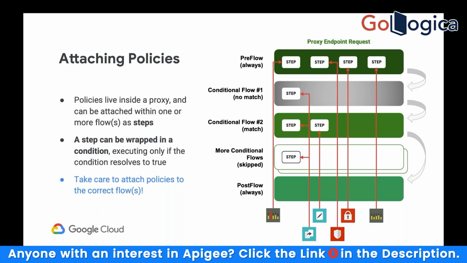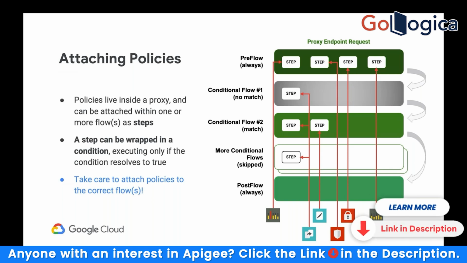Then we can attach policies. Most of the time, security policies are the ones more common to apply, so we attach those in the pre-flow because those are the common ones. Then things like extracting the request or response payload, we put in the custom conditional flow.